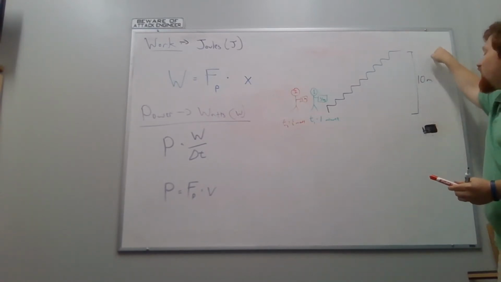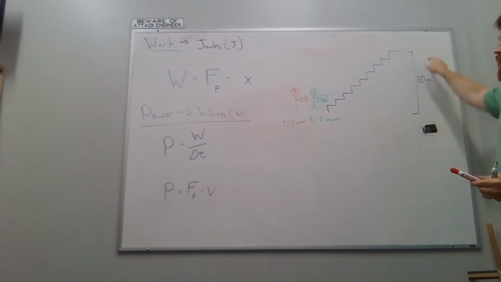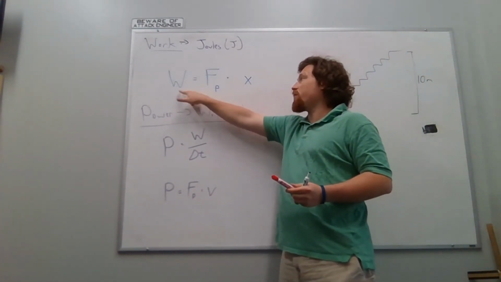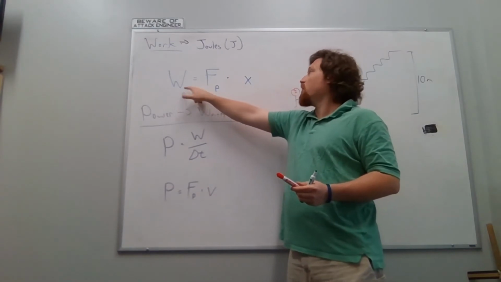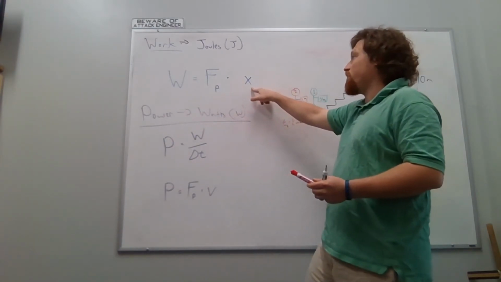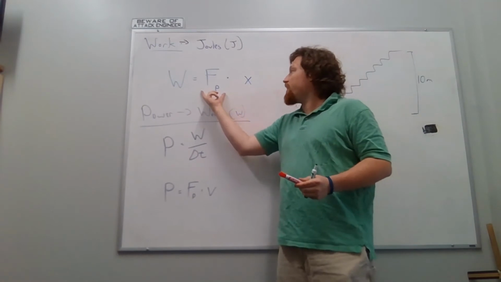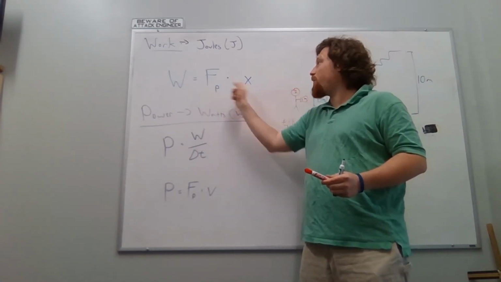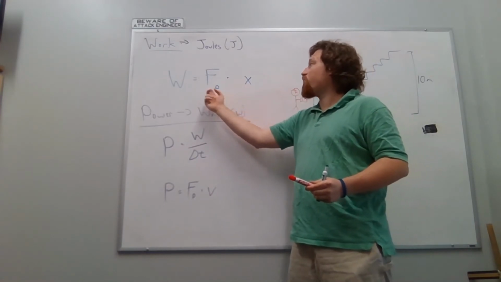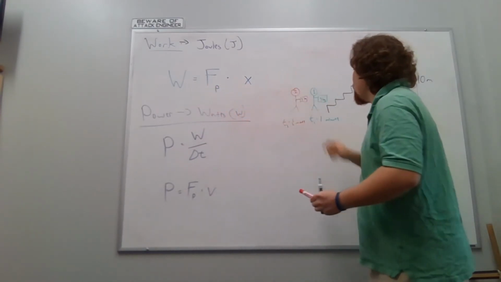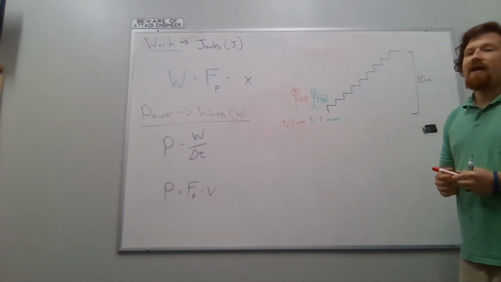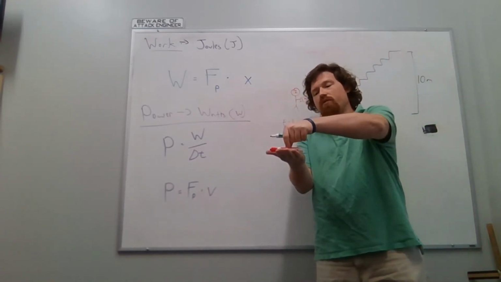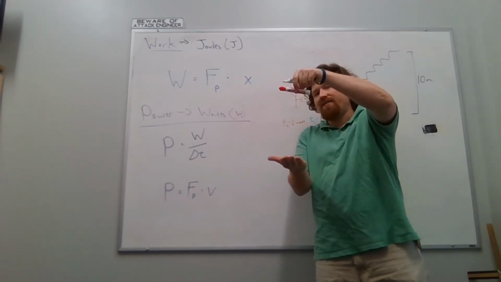If we're going to use our work formula to find the work done by each person, we know the distance upwards they're being lifted, so we need to figure out how much force upwards, because this has to be parallel in the same axis, it took to lift each of these boxes. And in general, the force it takes to lift an object upwards is its weight.